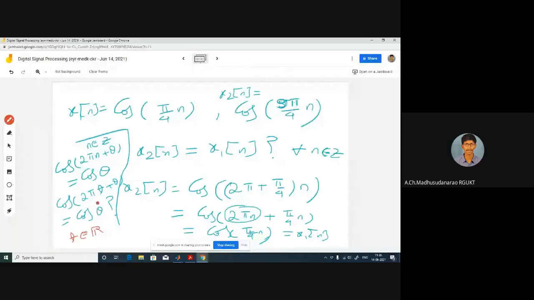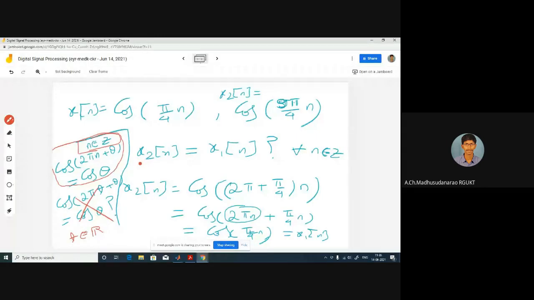This is true only when t is an integer. Because t can be any real value, it need not be an integer when t belongs to R. For the discrete case, this is always true, irrespective of n, because n is always an integer. There is a difference between analog and digital.